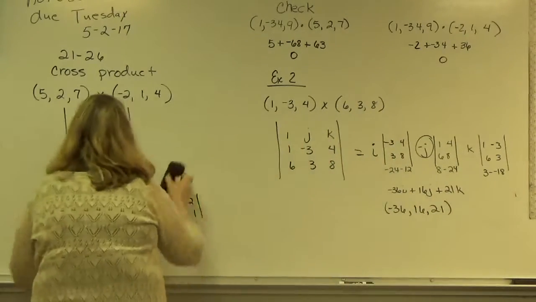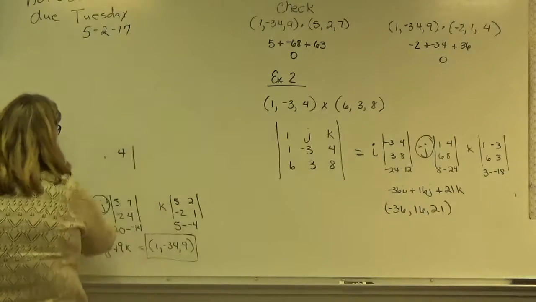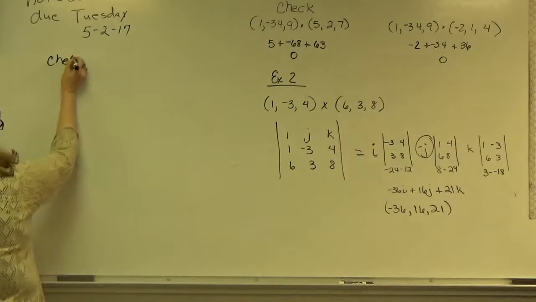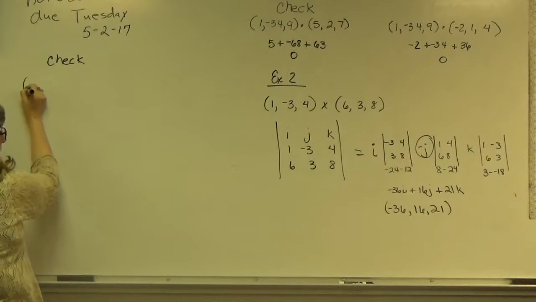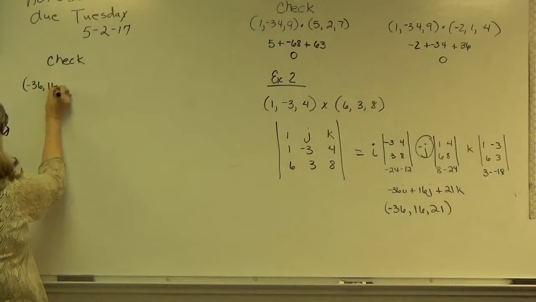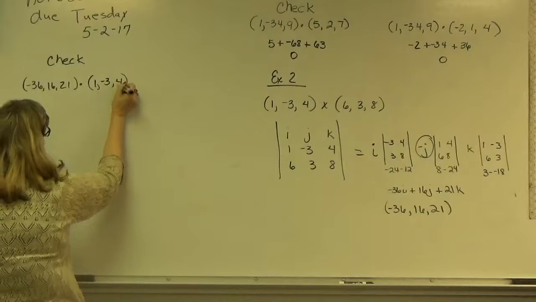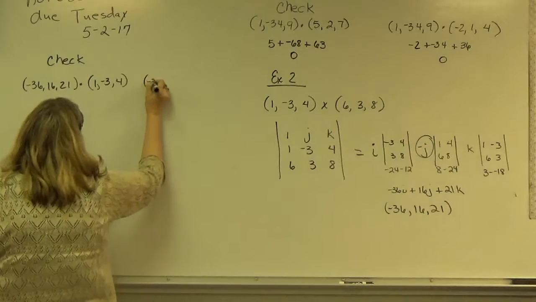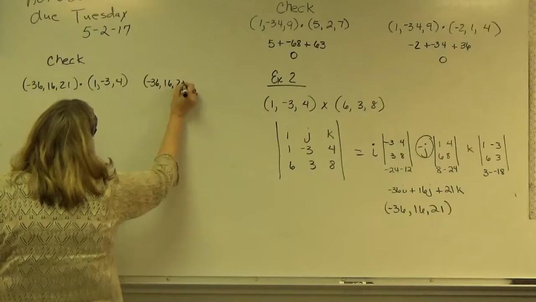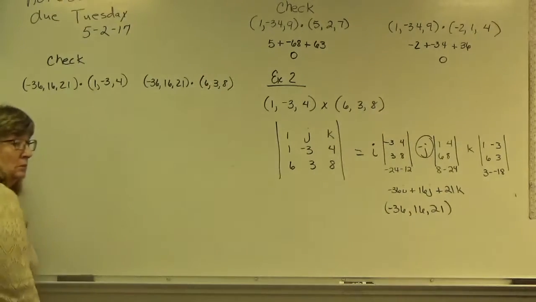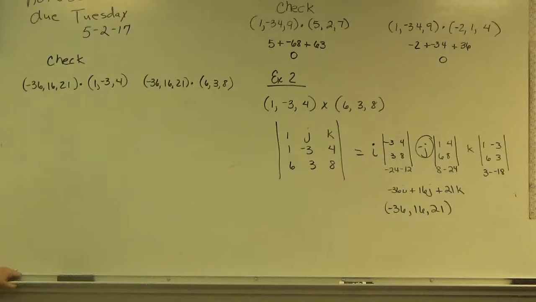And now to do our check. Let's see, we've got negative 36, 16, and 21, and we want to do the inner product between 1, negative 3, and 4. JC, I'm going to let you do the multiplication in the first one, when you get ready.